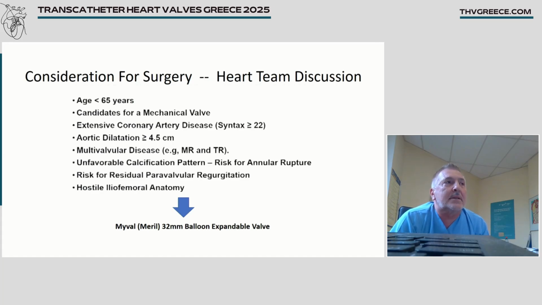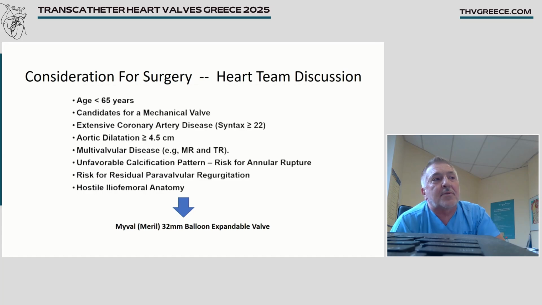What we discussed with our heart team was that he was a really very young patient. His age was under 65 years old. He was a good candidate for mechanical valve. He didn't have extensive coronary artery disease. He didn't have aortic dilatation; his aorta was 4 centimeters. He didn't have multivalvular disease.